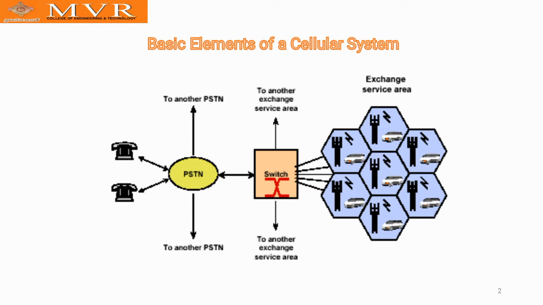See here there are a number of areas in the telephonic cellular system. These areas will be exchanged based on priority through the PSTN, which is nothing but the public switching telephonic network. So this is the picture of the basic elements of the cellular system.